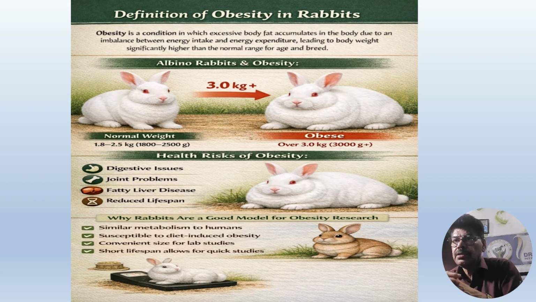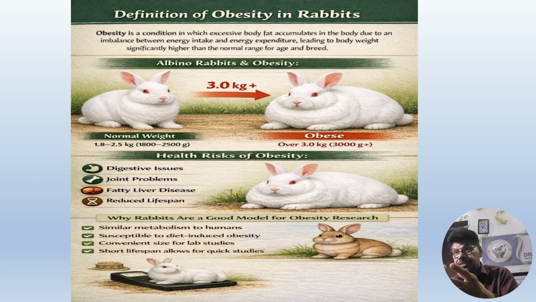The normal weight of a rabbit is 1.8 to 2.5 kg, that is 1800 to 2500 grams, whereas obese rabbits weigh 3 kg or 3000 grams, showing heavy accumulation of fat in the body.